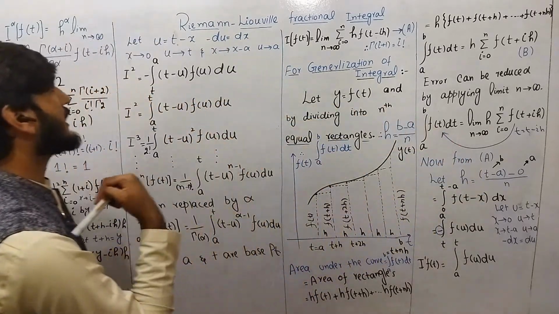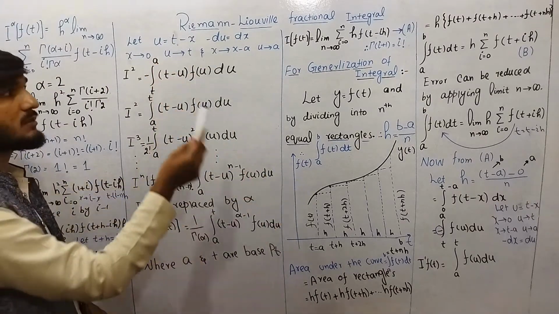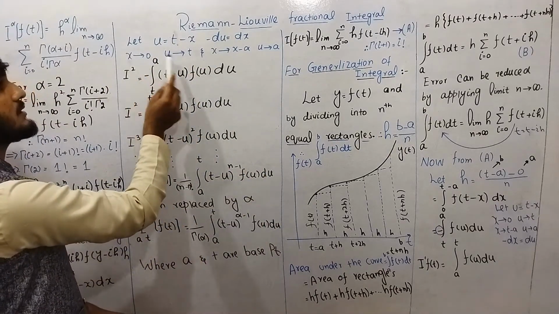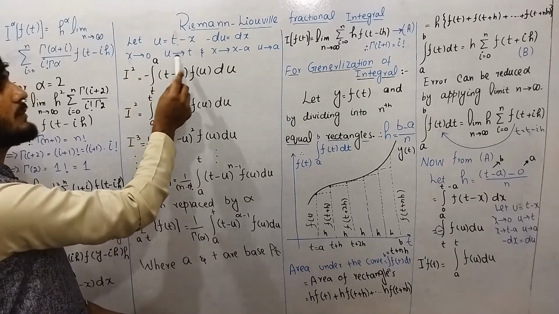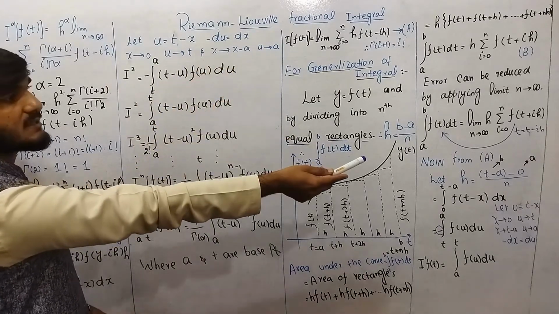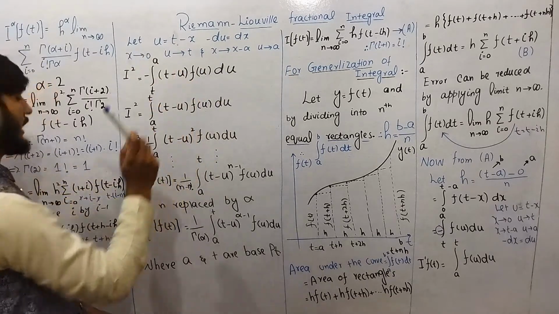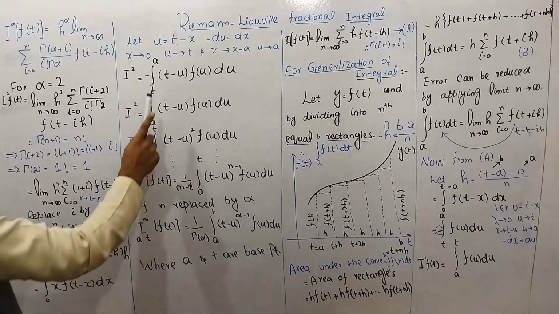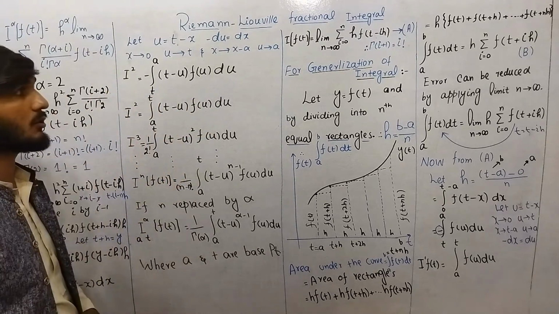And if we again use t minus x, then by the same substitutions, the same conversion of limits: as x goes to 0, u will be turned into t, and if x approaches t minus a as mentioned there, u will be turned into a. So this integral will be turned into minus the integral from a to t of (t minus u) f of u d u.